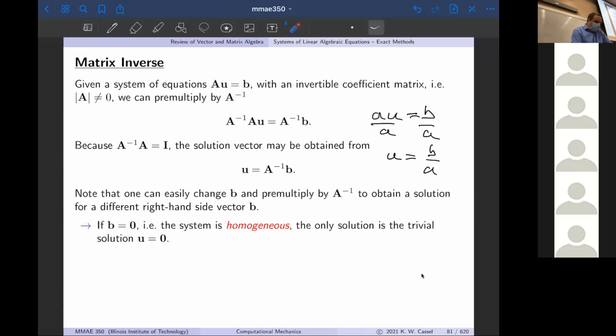Now, one of the nice things about the inverse approach is the hard work in solving a system like this is getting the inverse, as you'll see. Once you have the inverse, all you have to do is do the inverse of A times B. That's very straightforward. It's just a matrix vector multiplication. So if you have situations where B changes, but A does not, then this is great. Now, where did that come up on Tuesday?